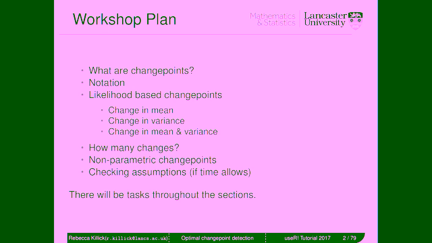In that, we will cover changes in mean, changes in variance, and mean and variance, and all of the different options that you have within those functions. I'm going to talk about how many changes and how you decide how many changes there are in a time series. And then I'm going to talk about non-parametric change points as well, which is more on the changepoint.np package. And then if time allows, we'll get to checking assumptions. If not, there is all of the material already there in the course for you.